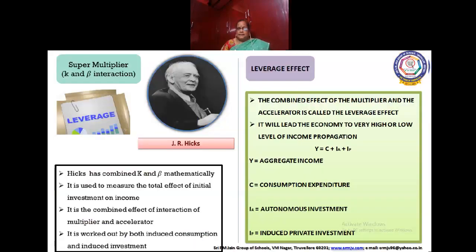Let us see the accelerator and the multiplier effect joined together, made into a theory by J.R. Hicks, which is called the leverage effect, and also called the super multiplier.